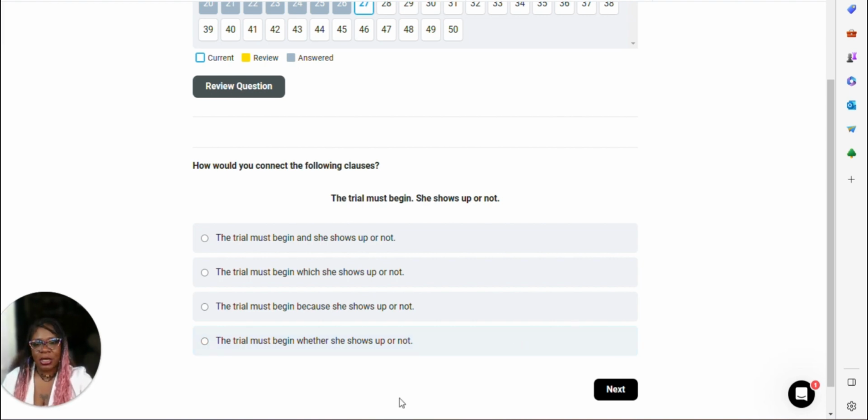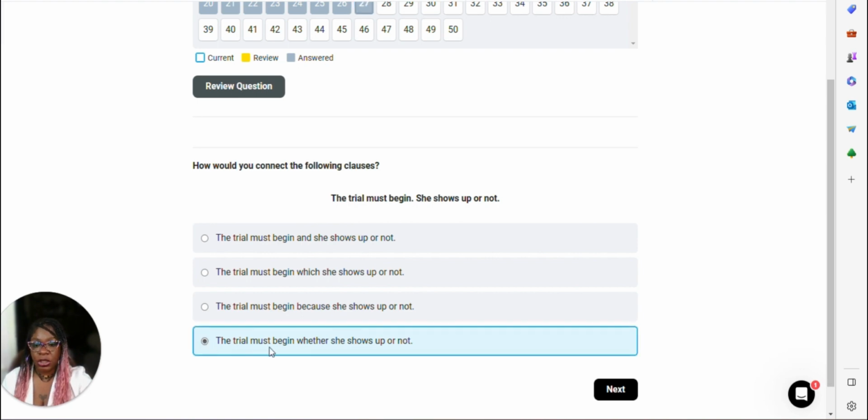The answer is the trial must begin whether she shows up or not. With an independent and a dependent clause, a subordinating conjunction is going to connect them together, right? So whether is actually the only choice that makes sense in this sentence. The rest of them just don't flow well, but whether definitely connects them in a way that works. So we're going to go with that one and move on to the next sentence.